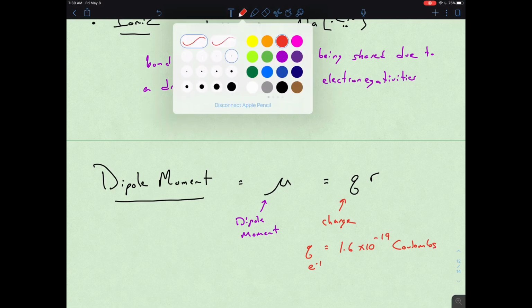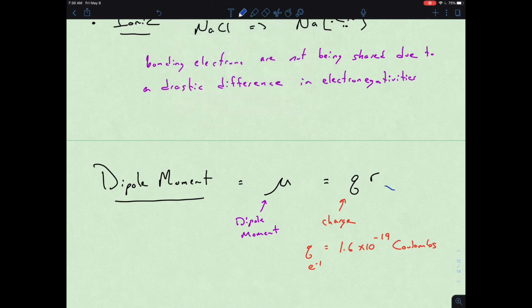And then we have R, which would be the distance or bond distance, separating the two elements.